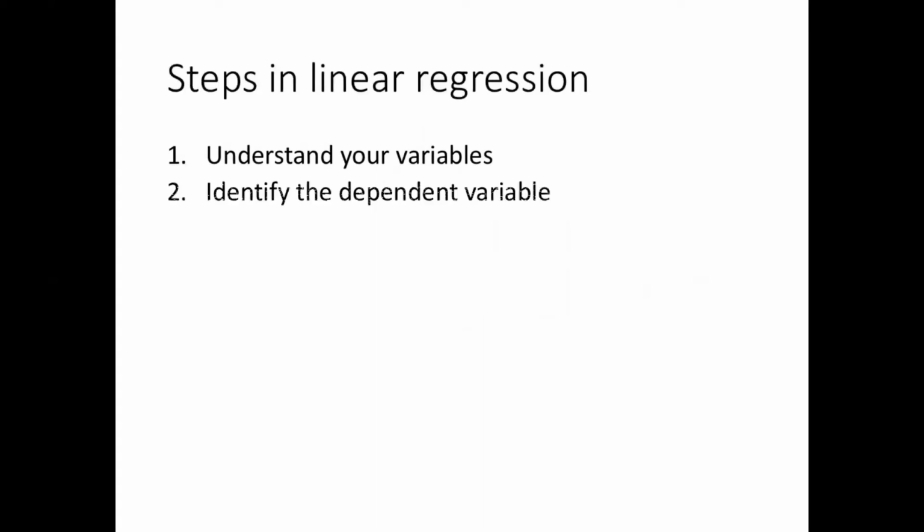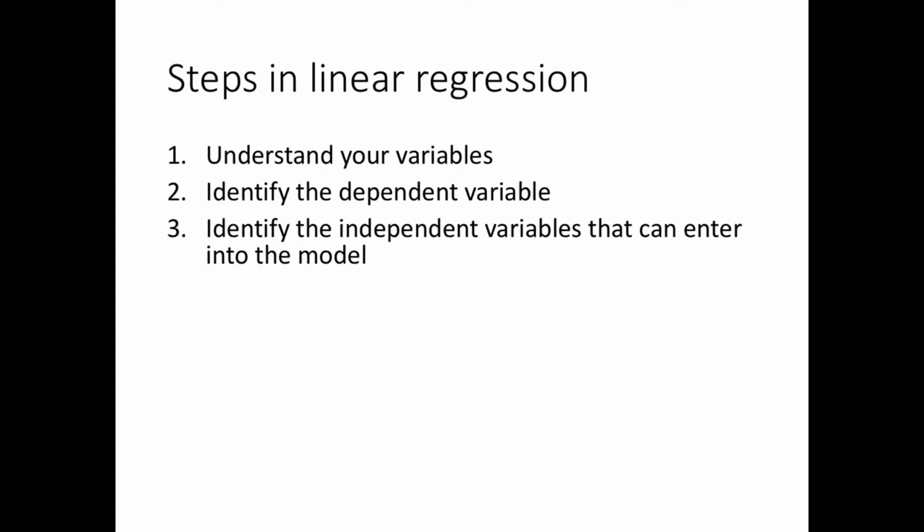So there are a few key simple steps in doing a linear regression. Number 1, you understand your variables. Number 2, identify which will be the dependent variable. Number 3, identify the independent variables that you will bring into the equation. That means which are the variables of interest that you want to study.